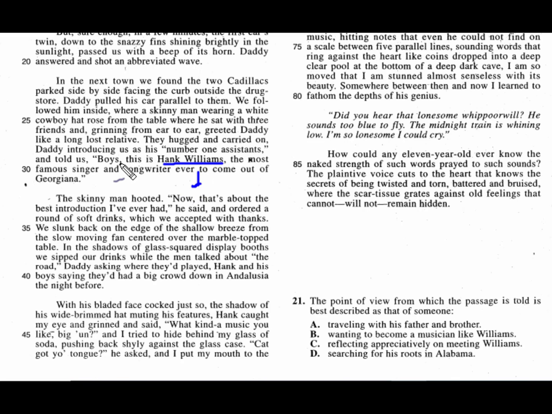All right. It says, boys, this is Hank Williams, the most famous singer and songwriter ever to come out of Georgiana. All right. The skinny man hooted. Now that's about the best introduction I've ever had. Okay. And then he ordered a bunch of soft drinks. All right.